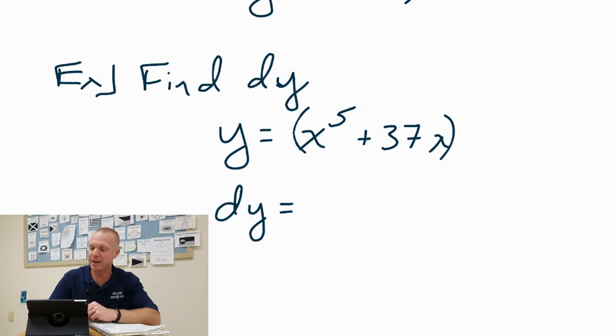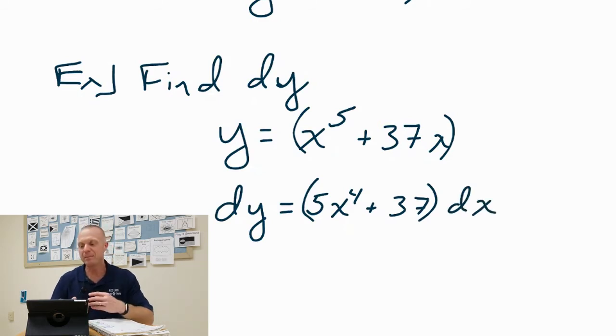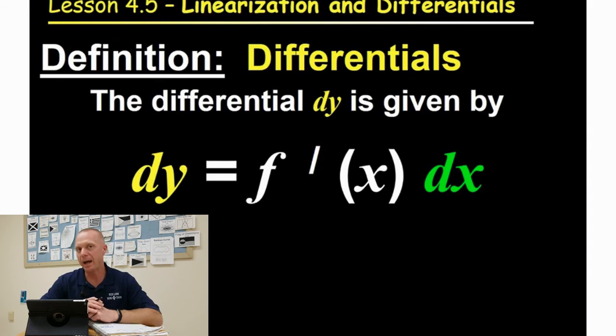Now, f prime of x to the fifth plus 37x is 5x to the fourth plus 37. Nothing real tricky there. But it has to get multiplied by dx. And basically, when I write it in this form, I end up with a formula for the change in y, for the differential.